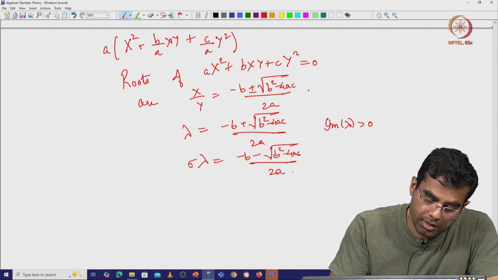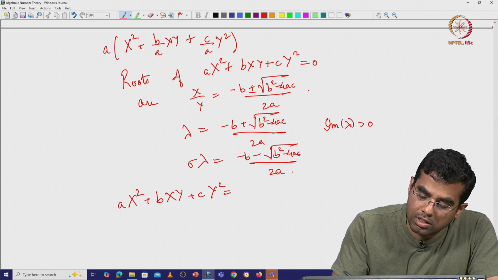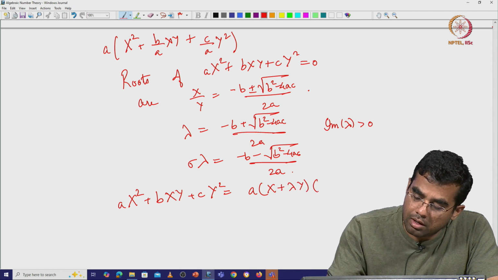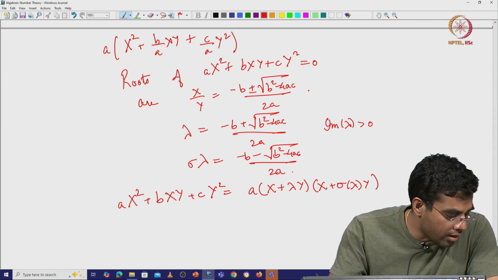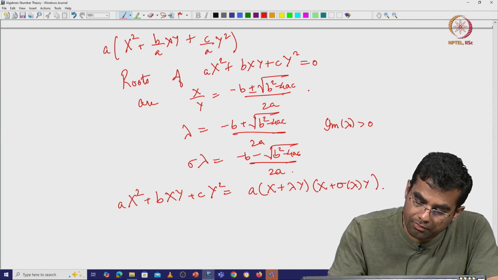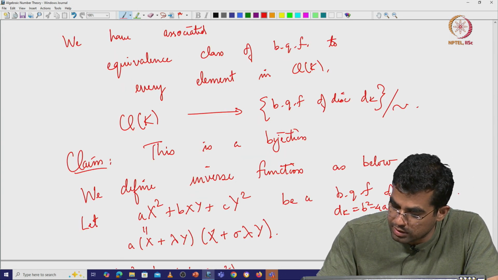All right, so again doing what I wrote on the last page, this thing is equal to a times x plus lambda y and x plus sigma lambda y. Maybe I should actually write minus then.